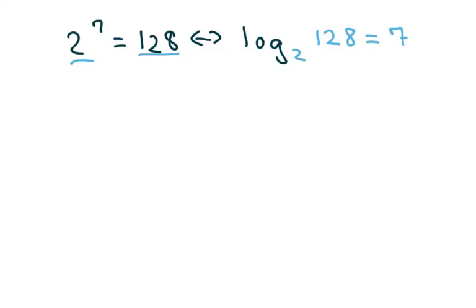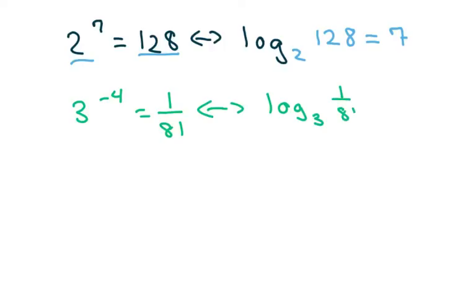And I just rewrote it. Okay, let's do another one. 3 to the negative 4 equals 1 over 81. To write the inverse, this would be log base 3 of 1 over 81 equals my power, negative 4.